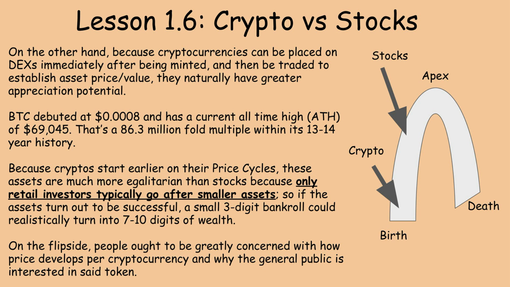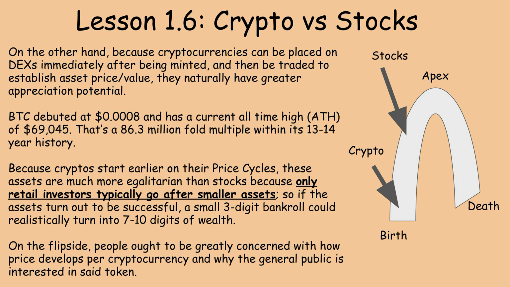So if the assets turn out to be majorly successful, a small 3-digit bankroll could realistically turn into 7 to 10 digits worth of wealth. Realistically, 3 digits can turn into 5 to 10, and literally tomorrow or next month, next year, in the next 2 years.